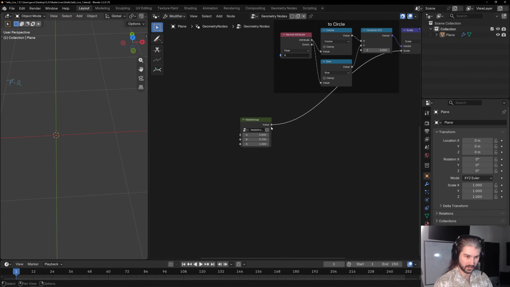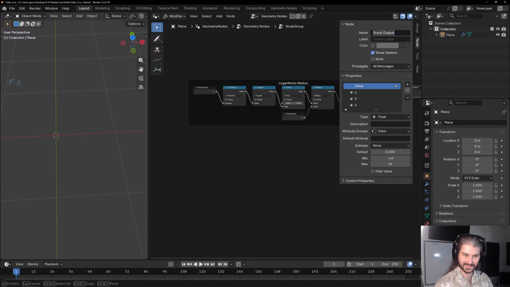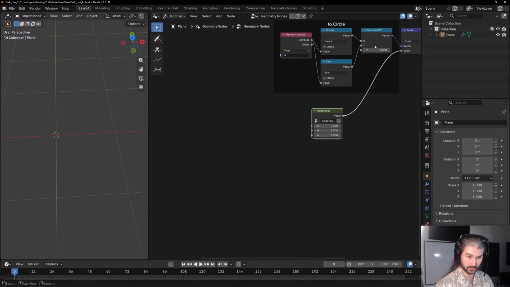And that's everything there. So now we have our group node. I should label this node group log. I'm just going to call it Log R. If I could type, that would be so great. Anyway.